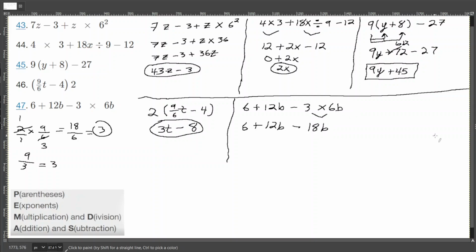And if this is confusing, you might say, well, what about the like terms again? Well, it is, because it's like saying 6b plus 6b plus 6b, so it'd be 6, 12, 18b's, okay? So remember, the like terms rule only applies to addition and subtraction.